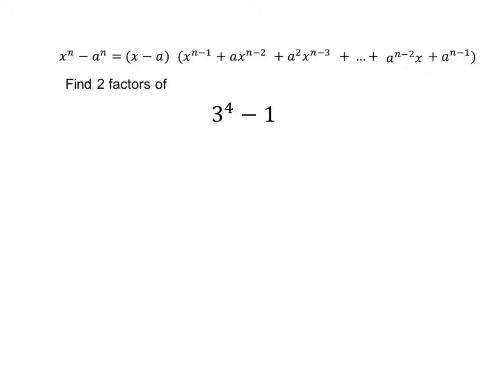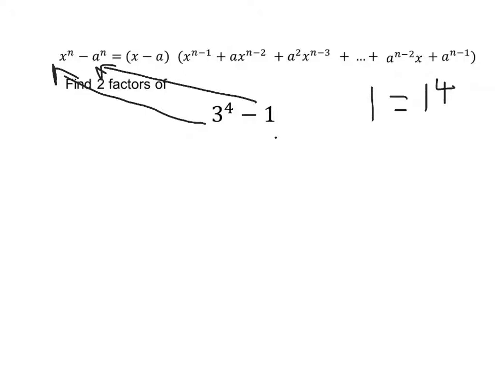So we already have this right here. This is our x to the power of n, and this is our a to the power of n. But it doesn't have an exponent though. This one has no exponent, just like this one. But you have to recognize that 1 to the power of anything is also 1. So we can actually rewrite this 1 as 1 to the power of 4. 1 equals 1 to the power of 4.